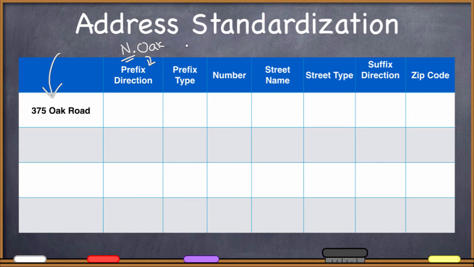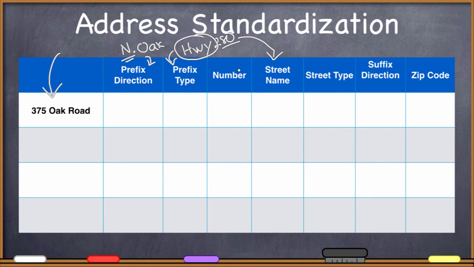Now, notice if we had Highway 280, that's actually going to be the name of the street in this case. But here, highway gives us an indication of the type of road that it is. So in that case, highway would be prefix type.